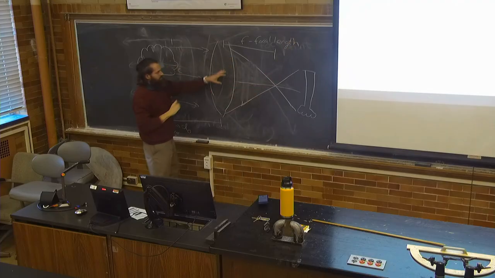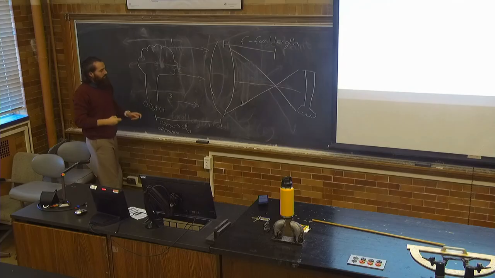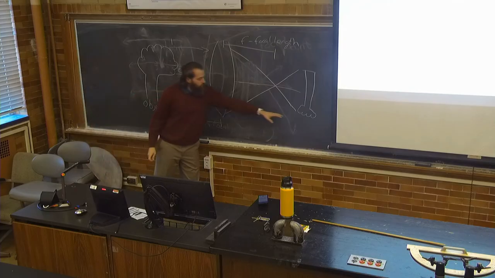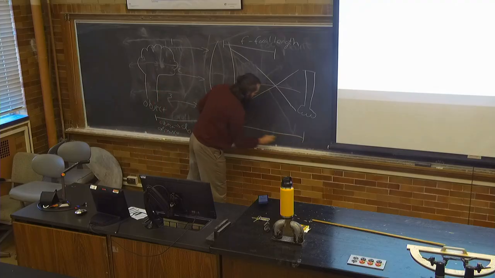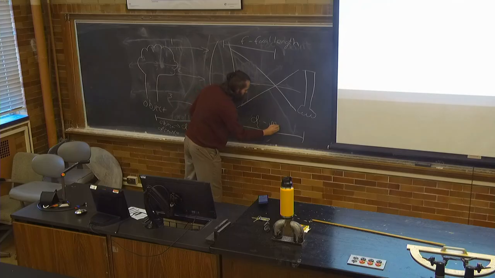And that's just a property of the lens itself. And then where this image forms is d sub I, which is the image distance.